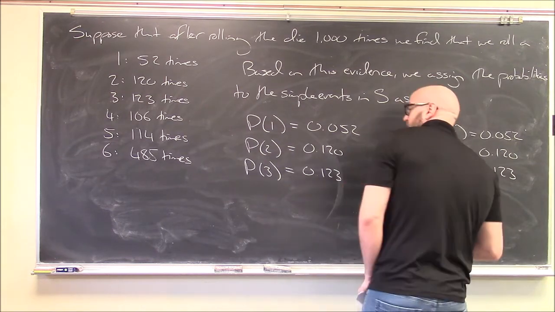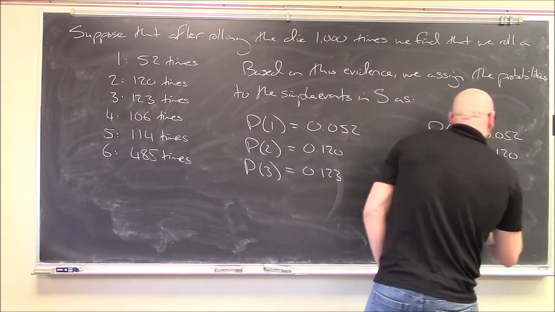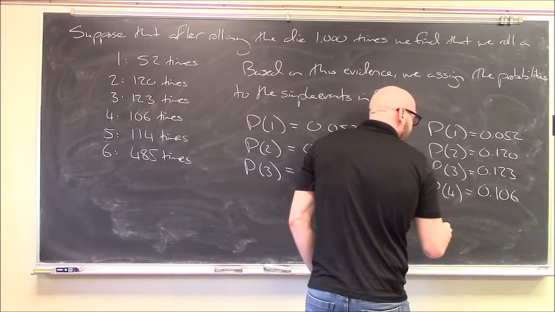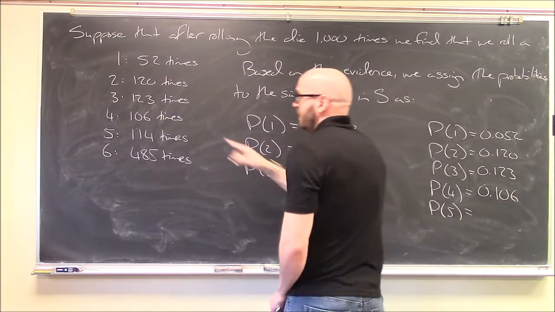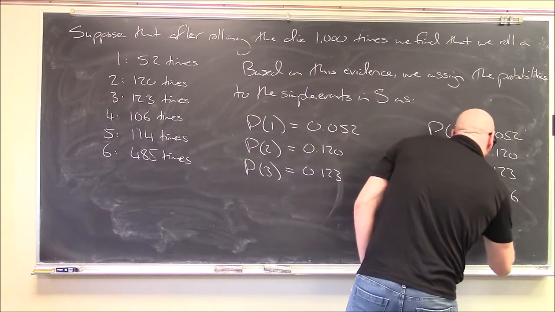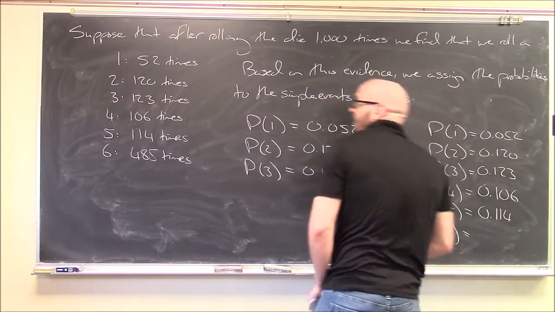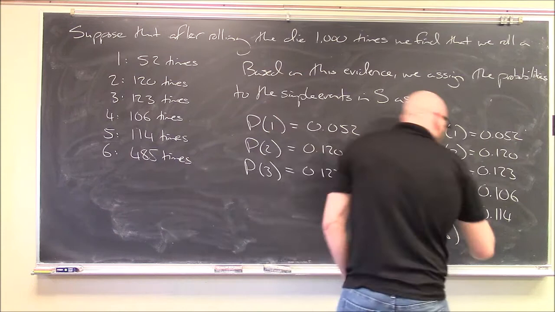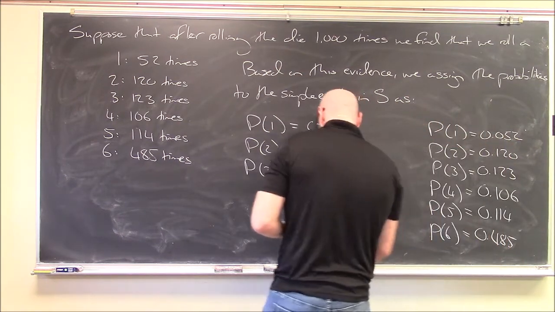Probability of rolling a 4 is 106 out of 1,000, 0.106. Probability of rolling a 5 should be 0.114. And probability of rolling a 6, we got 485 out of 1,000, so 0.485.